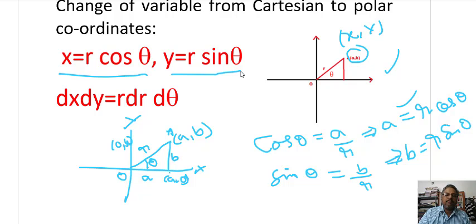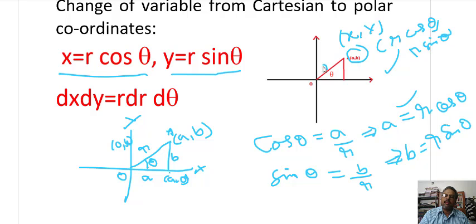Now this is a simple transformation from Cartesian, in terms of x and y, to polar coordinates r comma theta. x equals r cos theta, y equals r sin theta. Now this point becomes r cos theta comma r sin theta.